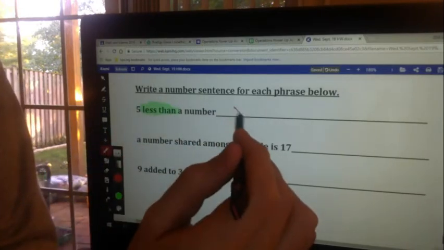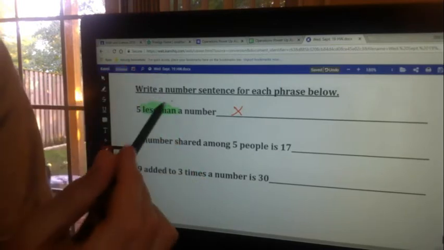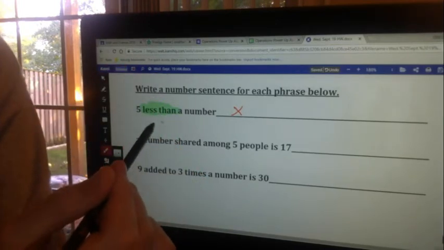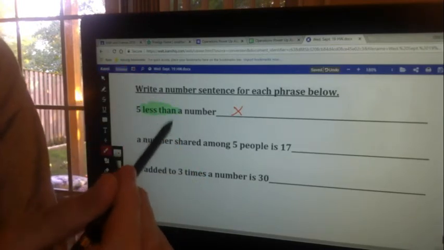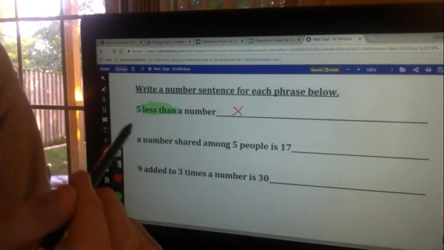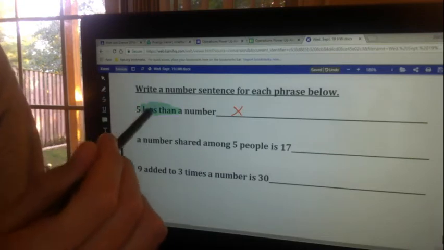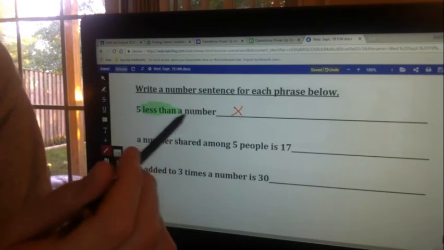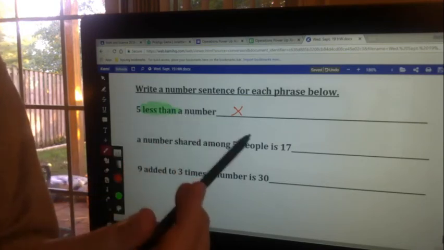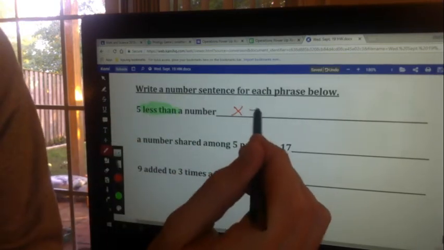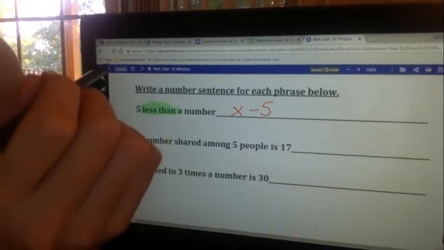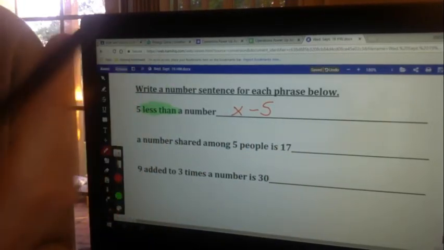A number is x. Remember I said a second ago that anytime you see this word less or fewer, it kind of flips things around. So a lot of times people think this must be 5 minus a variable. But really, it's a variable minus 5.